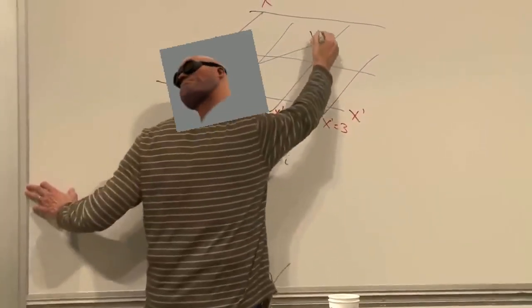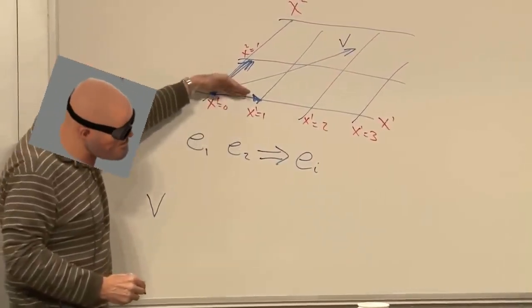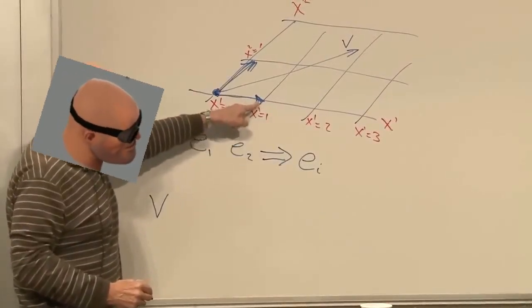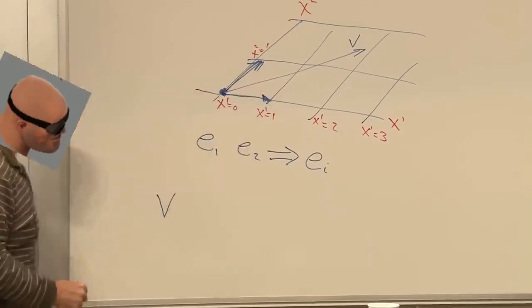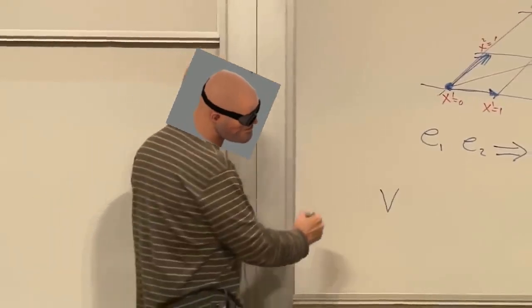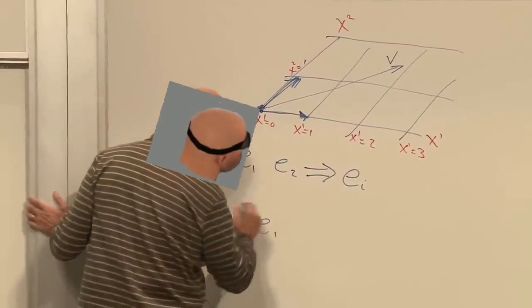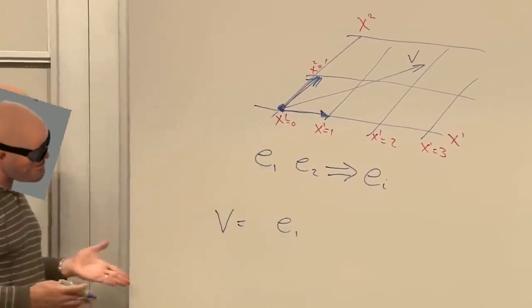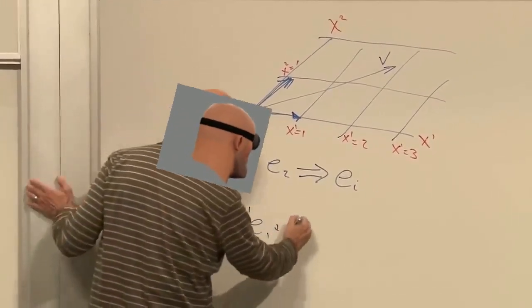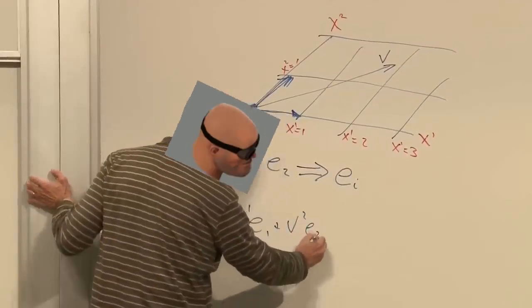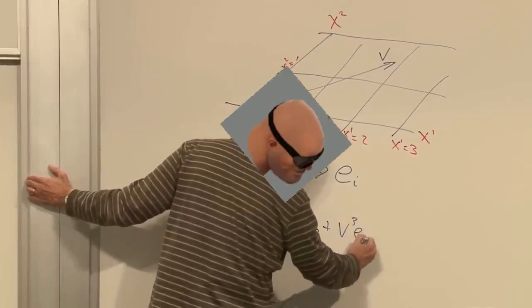V, can be expanded as a sum of coefficients times E1 plus other coefficients times E2 plus more coefficients times E3. In other words, it can be expanded as a sum of terms, the first one having E1, and the coefficient of E1 we'll call V1, plus V2 E2 plus V3 E3.